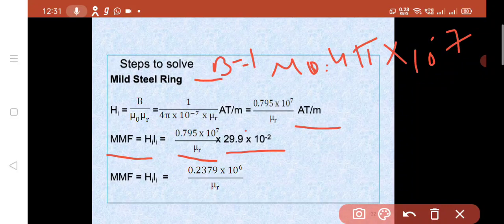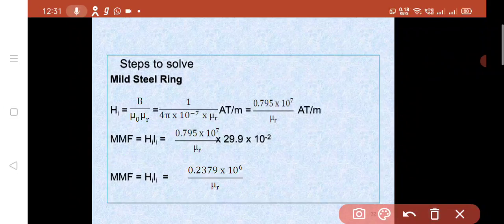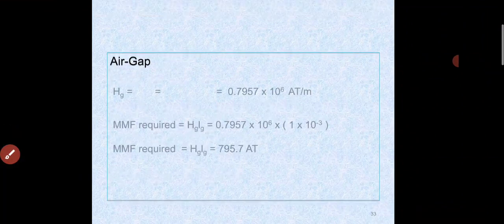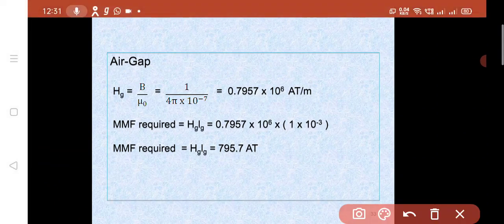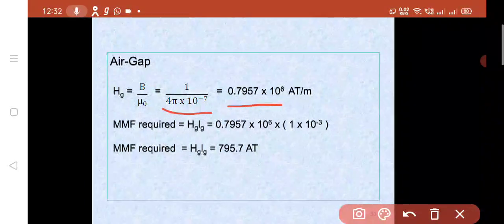So MMF Hi Li is equal to 0.2379 into 10 to the power of 6 by mu R. For the air gap, Hg is equal to B by mu naught, 1 by 4 pi into 10 to the power of minus 7, which is equal to 0.7957 into 10 to the power of 6 ampere turns per meter.